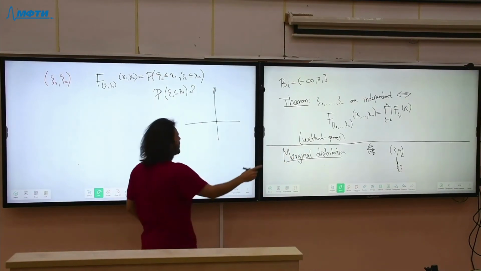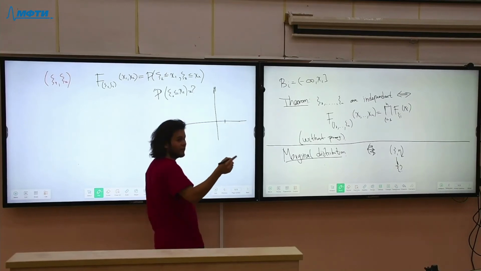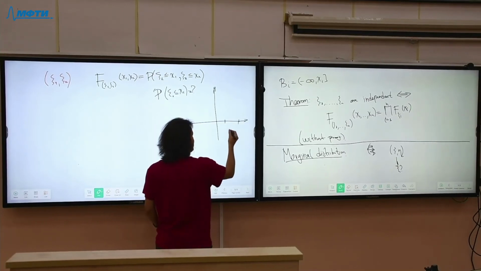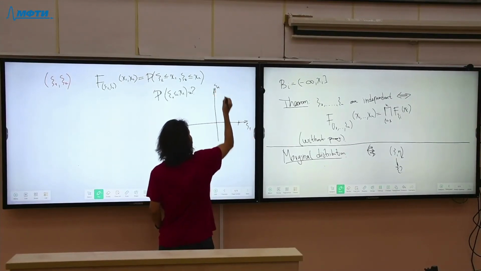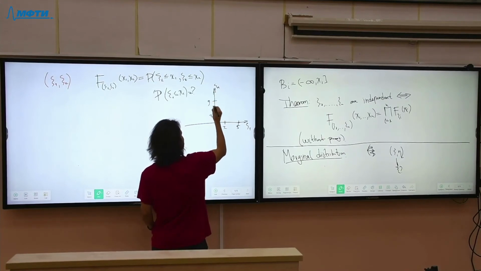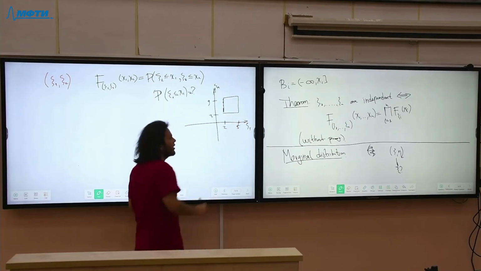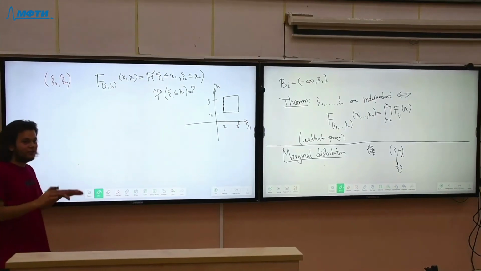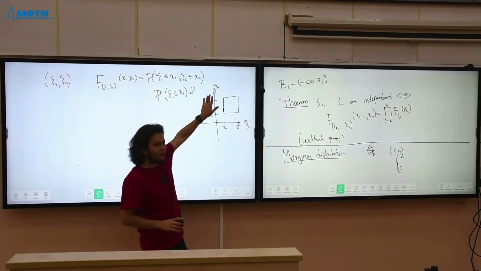Okay, let's say, again with the example of girls and boys, we have psi1 and psi2. This is 2 and 5, this is 3 and 9. This area gives us the probability that there are this number of boys and this number of girls.